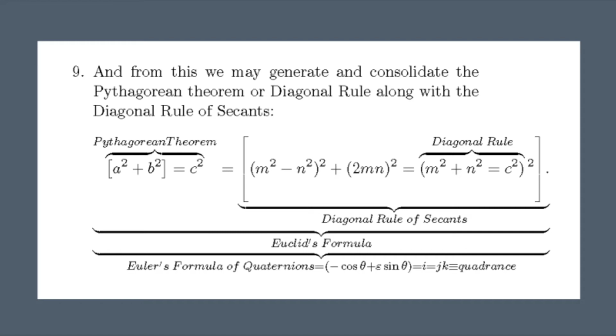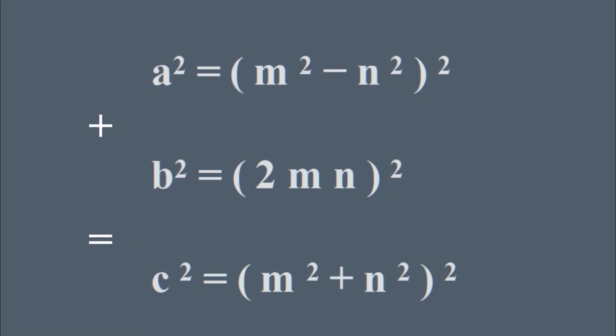What becomes clear is that in both Johnson's theorem and the diagonal rule of secants, the foundation of these two processes is Euclid's formula. Euclid's formula, expressed in terms of the Pythagorean theorem, is given as follows.